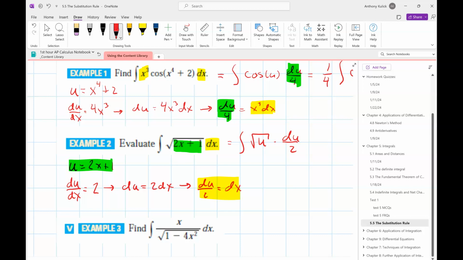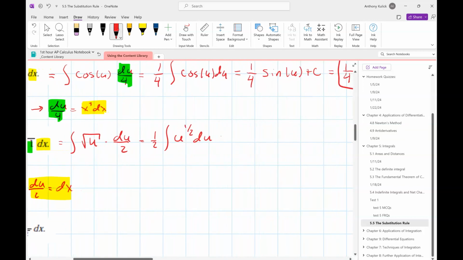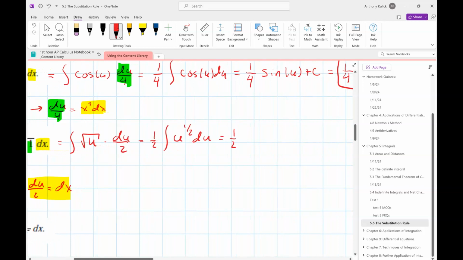You guys can see the substitution happening now. Okay. Let's pull the 1/2 out front. Rewrite the square root of u as u to the 1/2. And now the antiderivative rule should be pretty straightforward, right?